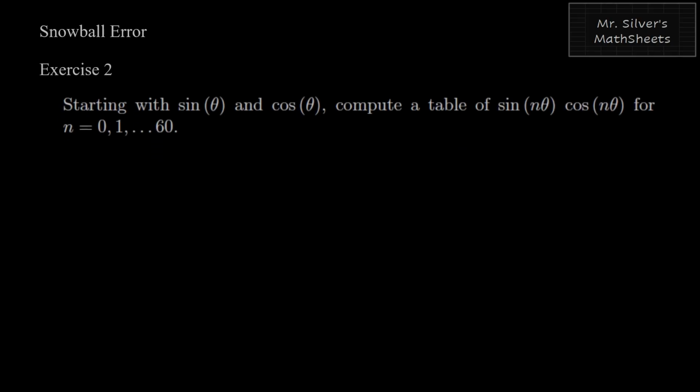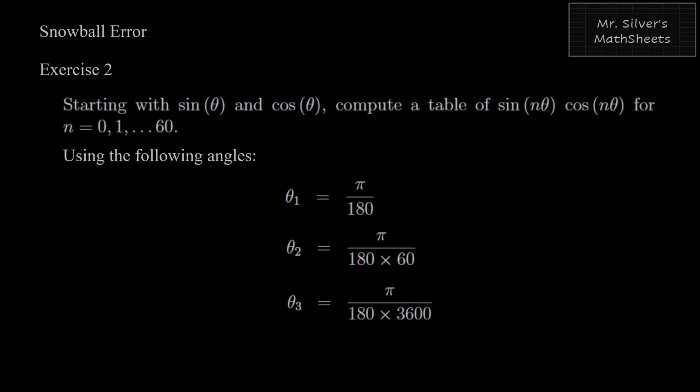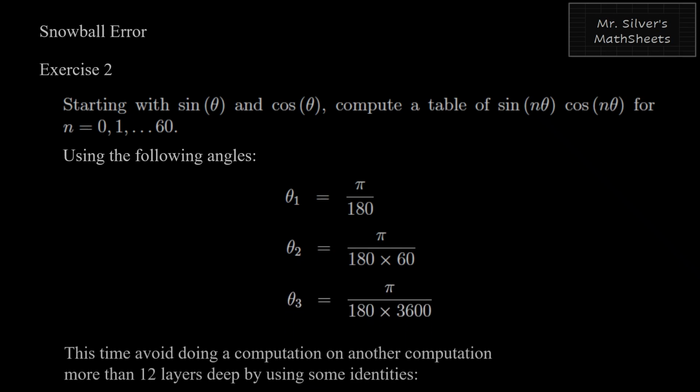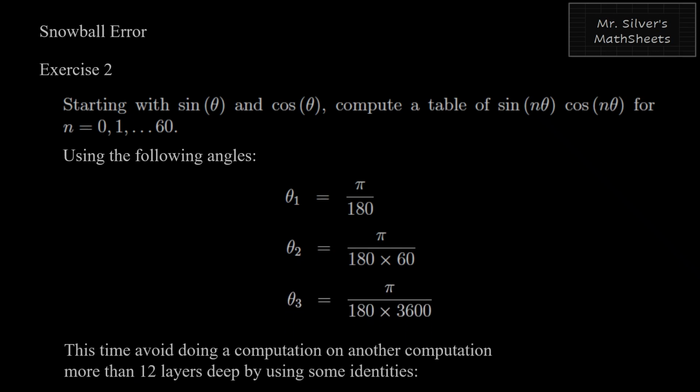So exercise 2 will use the highway byway method to do this calculation. So we're going to repeat the calculation we did before, but we're going to do it better.